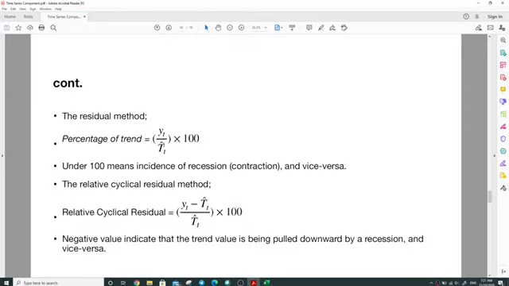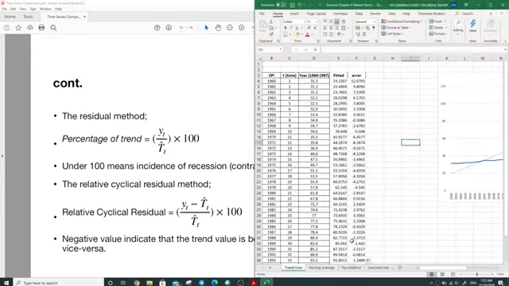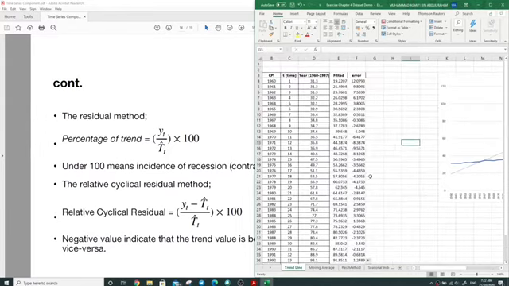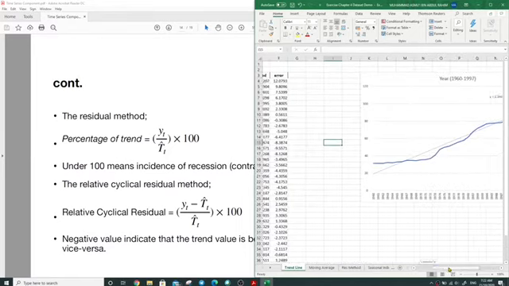There are actually two components. For the residual method, we look at the percentage of trend. It means that you need to estimate the trend first before you calculate the residual method. So let's take a look at our previous example. This is the value that we generate based on our previous trend line.